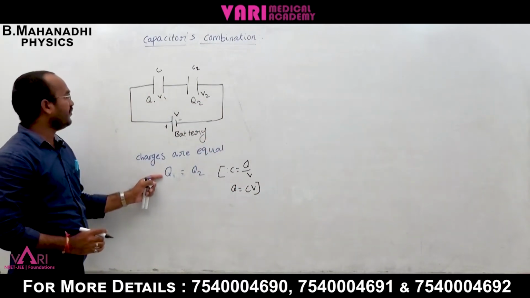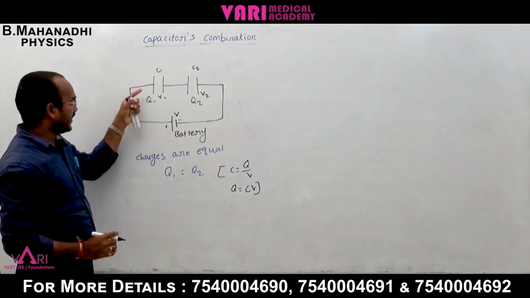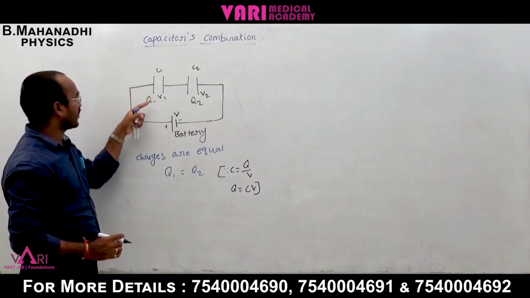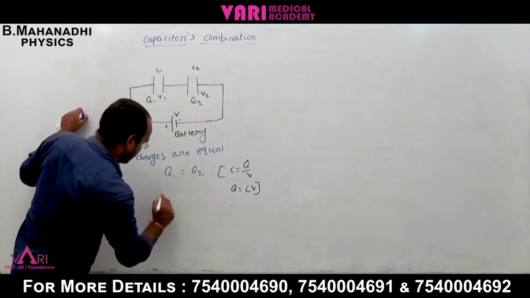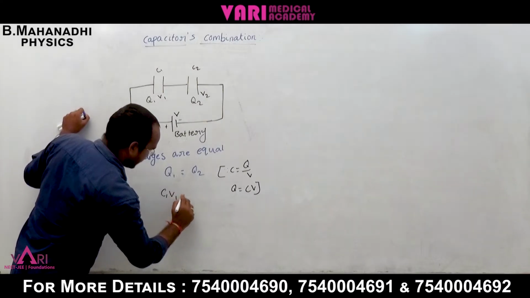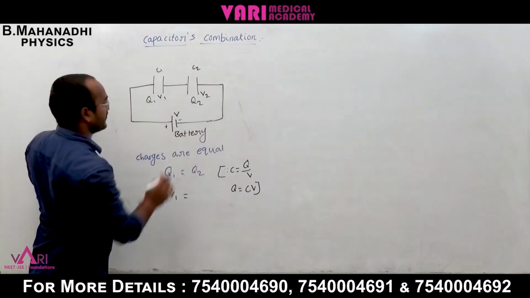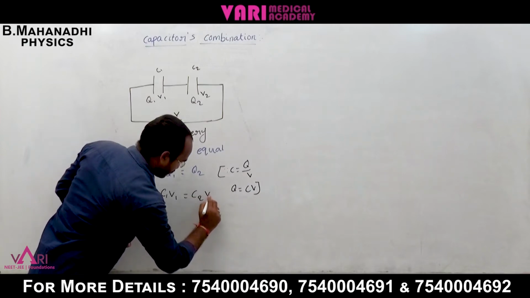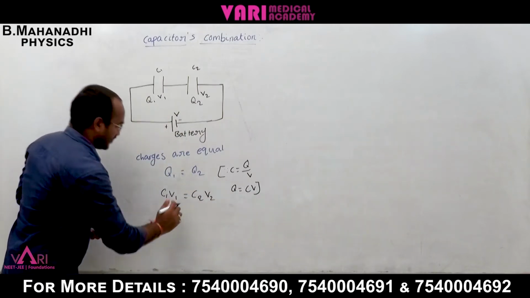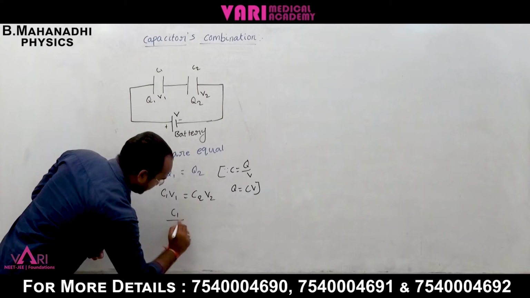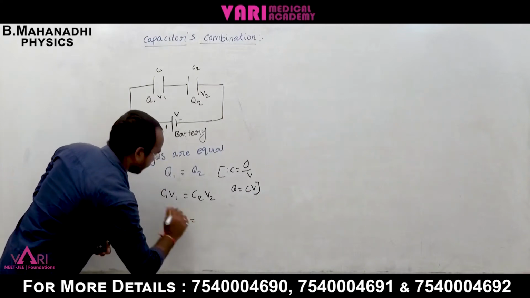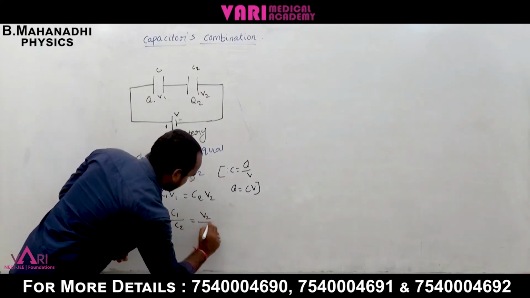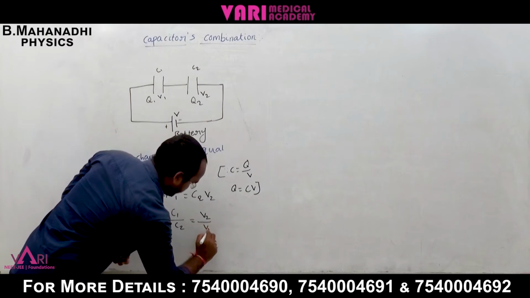Here Q1, the charge of the first capacitor, is C1 into V1, which is equal to Q2, the charge of the second capacitor, C2 into V2. Now cross multiplying, C1 by C2 is equal to V2 by V1.